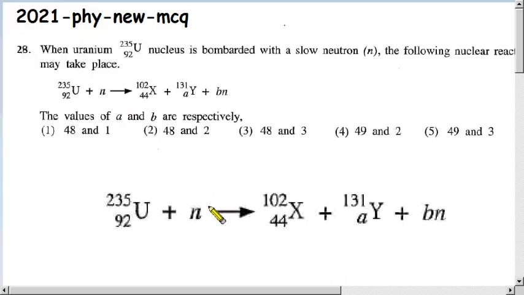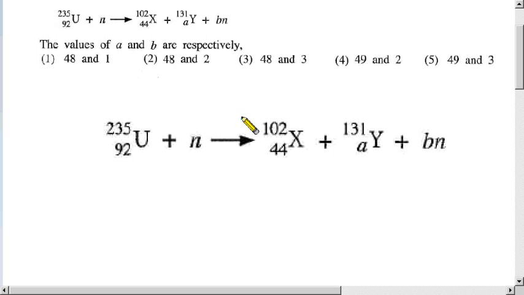The values of A and B are respectively, A and B, where A is this one and B is this one, a coefficient. So we have to find those values. They have bombarded this uranium with a neutron.